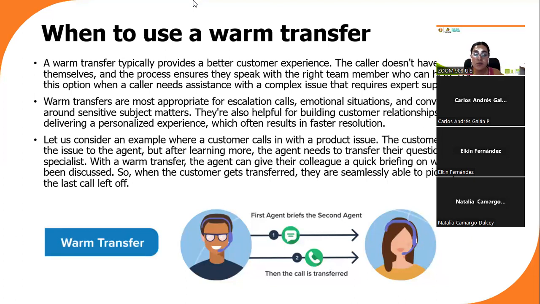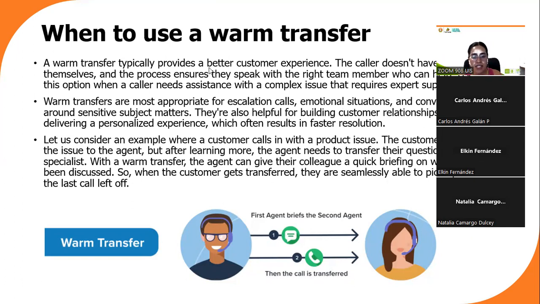So if the customer already went through that first stage of the general information, then you can give them, of course, if it's allowed by the company, the number. Oh, for this department that you need, here is a number in case the call gets disconnected, so that the customer doesn't have to go through all that process all over again, okay.